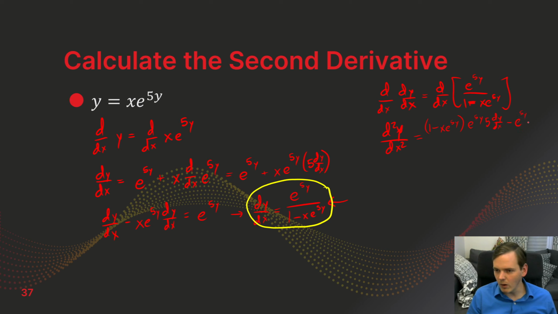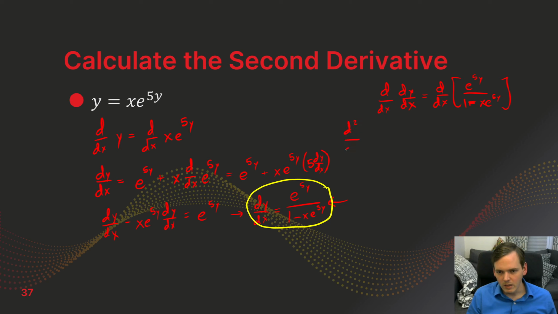So e to the 5y times the derivative of this bottom term, which we actually already found, 0, minus this term right here. Okay, yeah, we need to completely rewrite that. So this is a good lesson: when you get stuck in a corner, take a step back and start over.